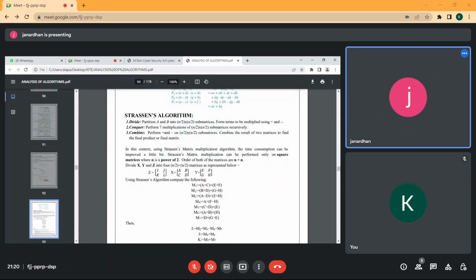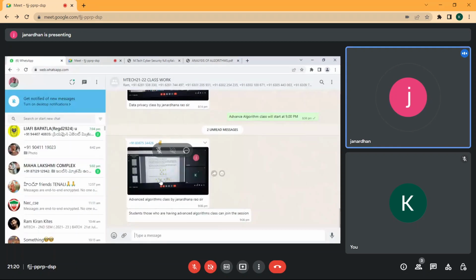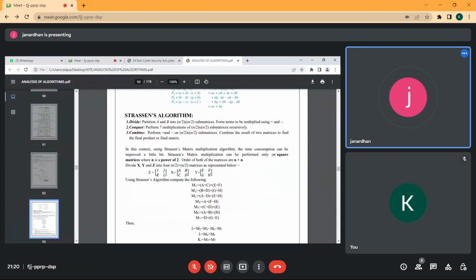Next one is the Strassen's algorithm. Strassen's algorithm uses divide and conquer approach.